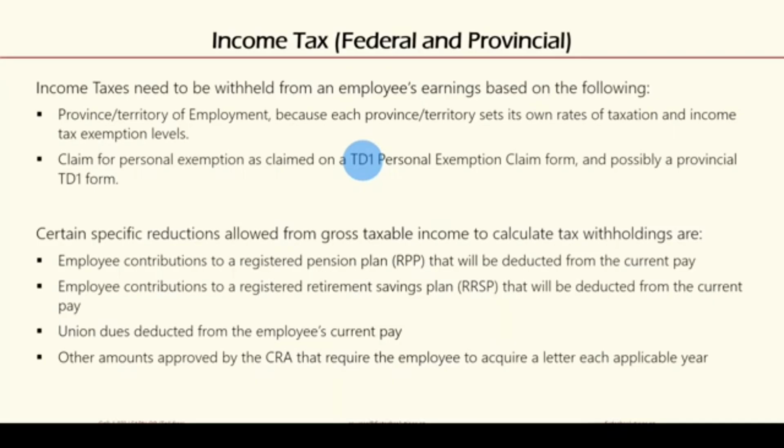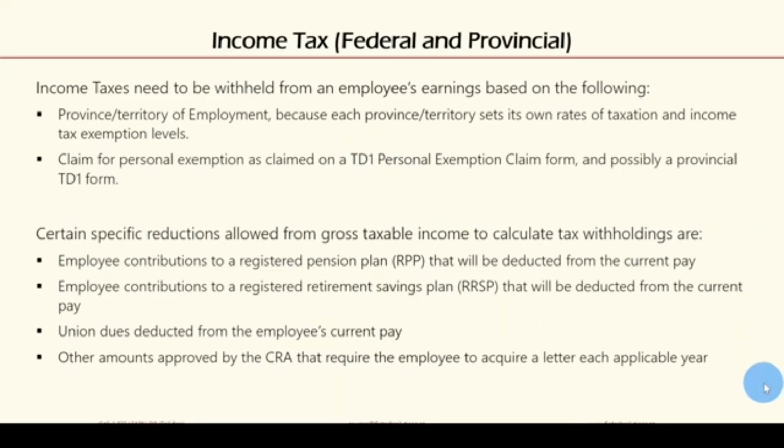You can of course go to the CRA webpage and see the TD1s there. And generally, if you have worked in Canada, then probably your employer got you to sign a TD1 form initially, the first time, and maybe subsequently thereafter as well. In future, I'll make a video tutorial explaining the TD1 and the income tax.